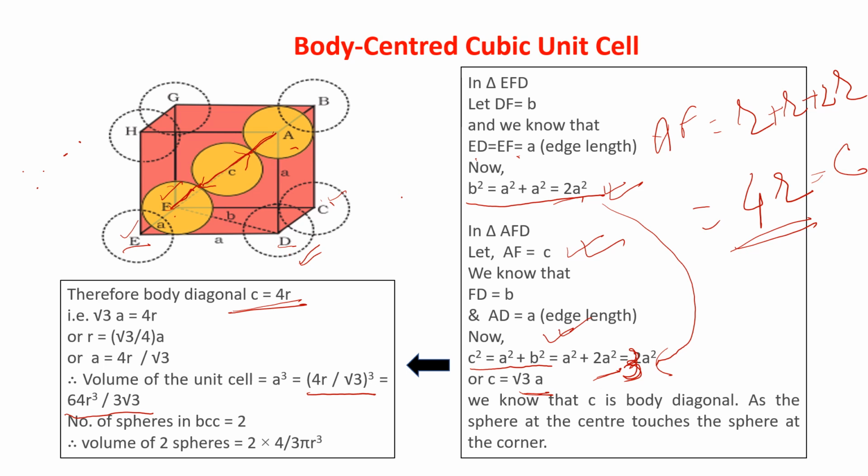Total 8 corners, each with a contribution of 1/8, so there is a total of 1 because of the corner atoms, and in the center there is 1, so the total number of spheres will be 2. So the volume of 2 spheres will be 2 into 4 by 3 pi r cube.